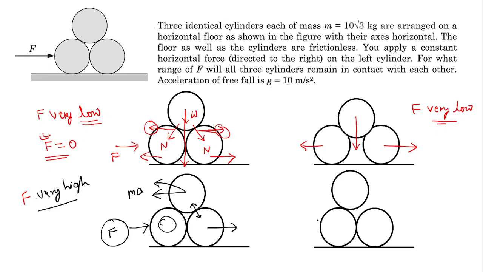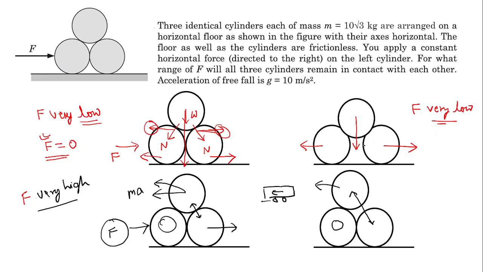If force is very high, then these balls will tend to separate, because this ball will be trying to go back with respect to this ball. Very similar to the car example I gave. In the moving car, things tend to go back. Similarly, this cylinder will tend to go back.